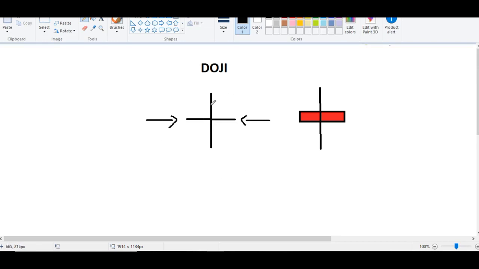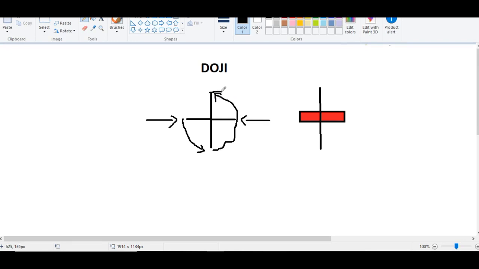Okay, basically what this candlestick is defining is indecision. Why is that? Because let's say it opens here and it starts to go down, right? It goes down and bears push the price down. Sellers push the price down, and so now the bulls, the buyers, take the price higher, all the way till this level.